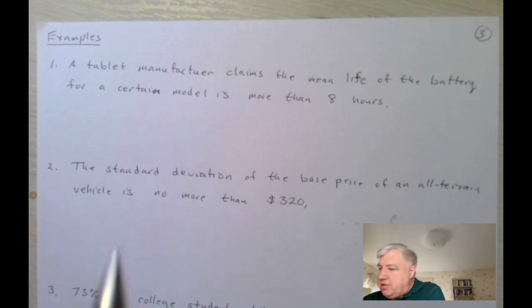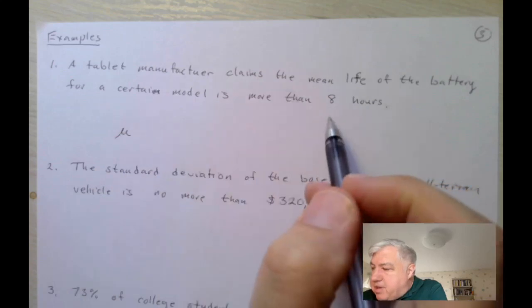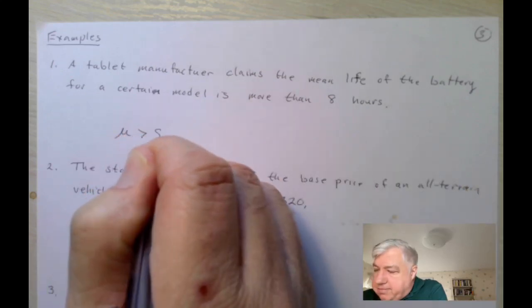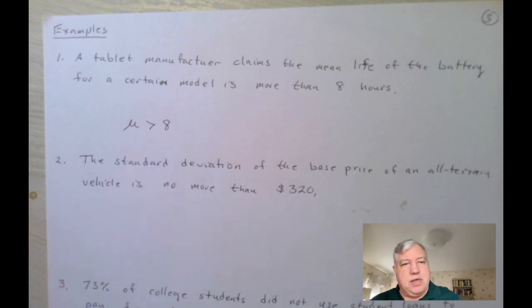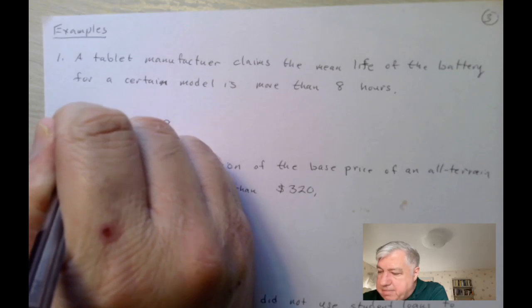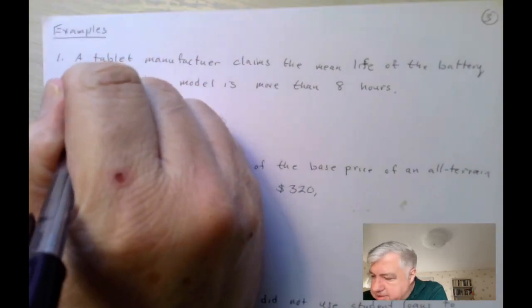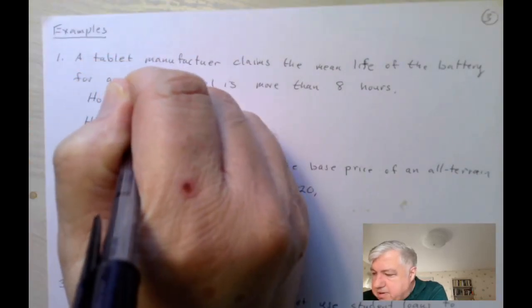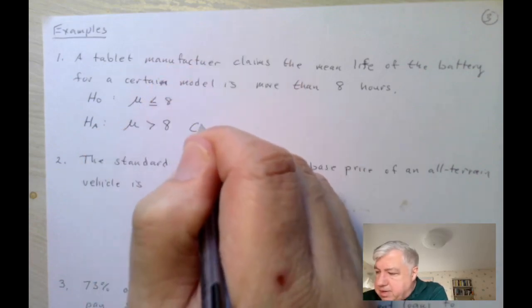So if mu is the mean, we're saying that mu is strictly greater than 8. So that's the claim. But this has strict inequality, so this has to be the alternative hypothesis. And then the null hypothesis would be the complement of that. So H0 would be mu is less than or equal to 8.